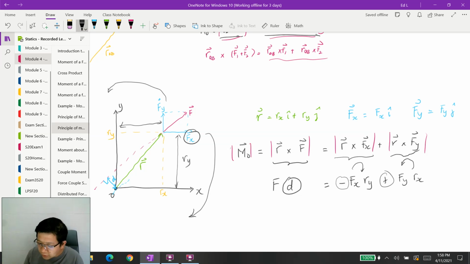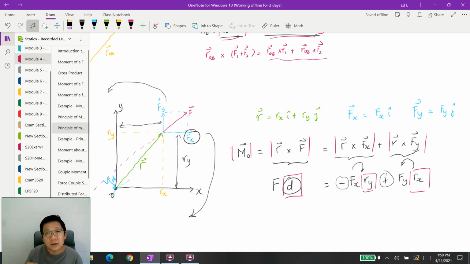As I said earlier, when we solve problems, it is often more difficult to figure out the perpendicular distance d with respect to the force F. Oftentimes it is much easier, because the problem has already given us the ry and rx information.